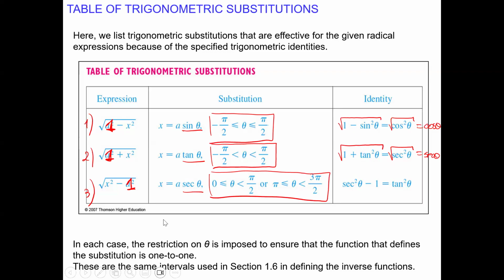Okay, and the last form is x squared minus 1. We may think about secant squared theta minus 1. When we put the square root, it's tangent squared theta, and we may simplify to tangent theta. And as soon as we simplify, we will remove this square root, and hopefully it's a simpler trigonometric integral. And we know trigonometric integrals, we went through those.